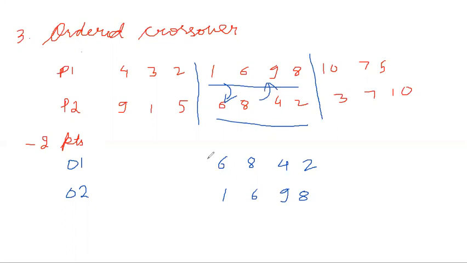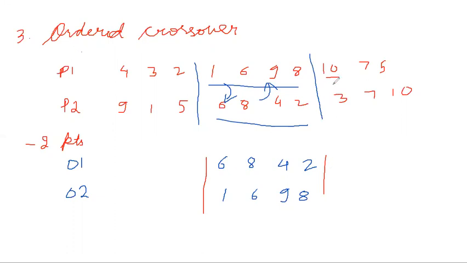Once this is done, we have to be careful in choosing the rest of the elements. So I'll just demarcate it. Where has this come from? This section I am taking from parent 2, but this is offspring 1. So the rest of the components will be coming from parent 1. I start with the element in the cyclic direction, the first element after the crossover point.